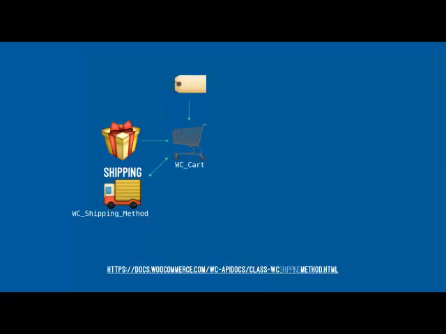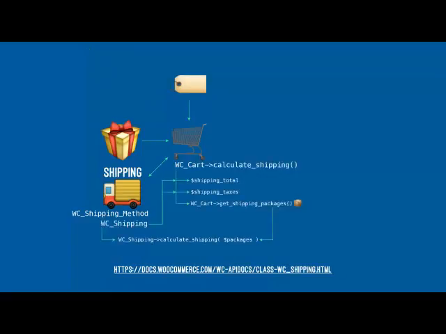Now, take a short breath, because things get a little bit complicated here once you actually look at how shipping is calculated between the cart and these shipping methods. What happens is there's a function in WC cart called calculate totals. This calls another function in the cart called calculate shipping. All of this is to set up, if you drop to the bottom there where it says get shipping packages, is to look at the contents in the cart.